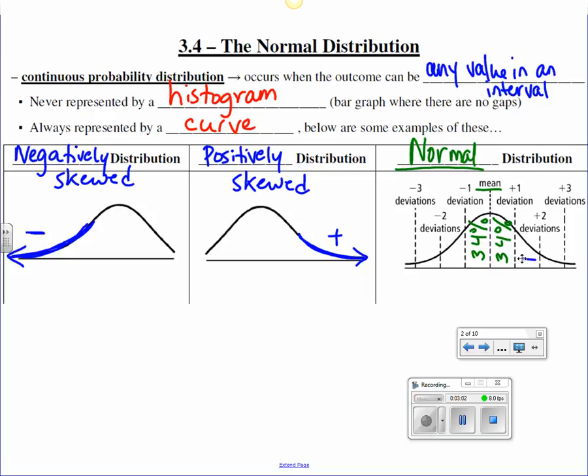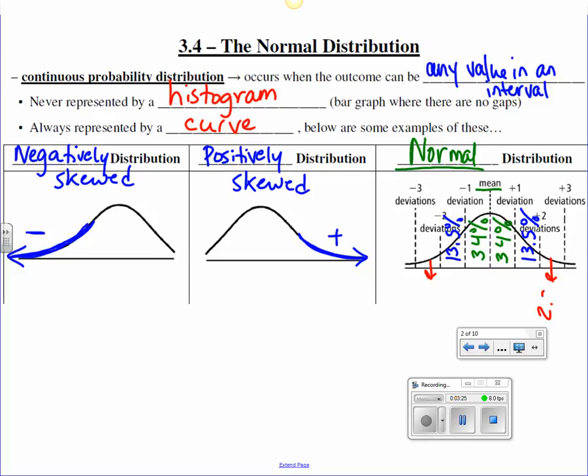This one is 13.5%. So what do you think this one is right here? 13.5. Then the next ones, they get smaller and smaller. As you can see, the curve gets lower.